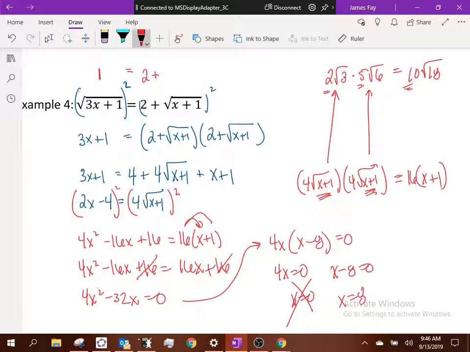This here is referred to as an equation in quadratic form. Remember, quadratic form is anything of this, right? Ax squared plus bx plus c equals 0.